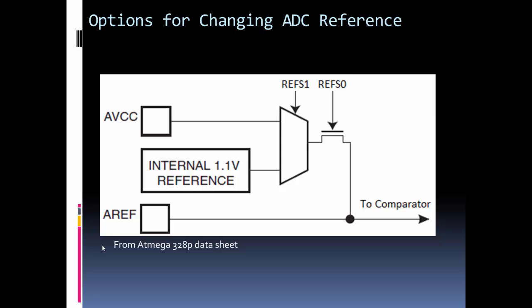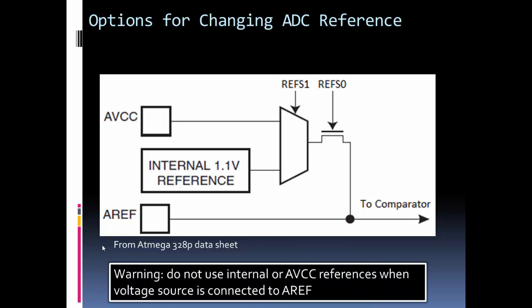So there are 3 different options, and one of them allows us to set the reference to almost anything. One warning, though: if you look at this layout, you can see that if you set the reference bits in the datasheet to choose, let's say, AVCC, and you also have an input on the AREF pin, you're going to short them together.